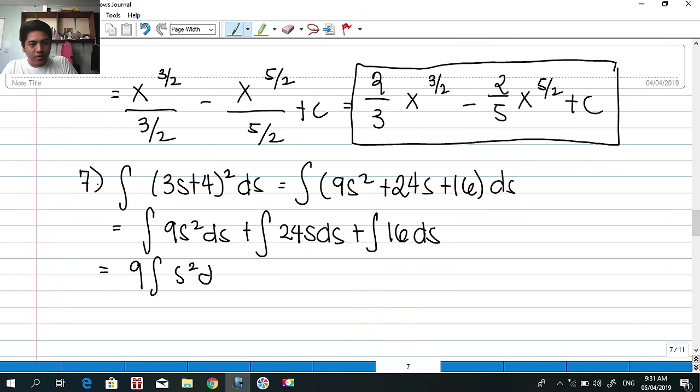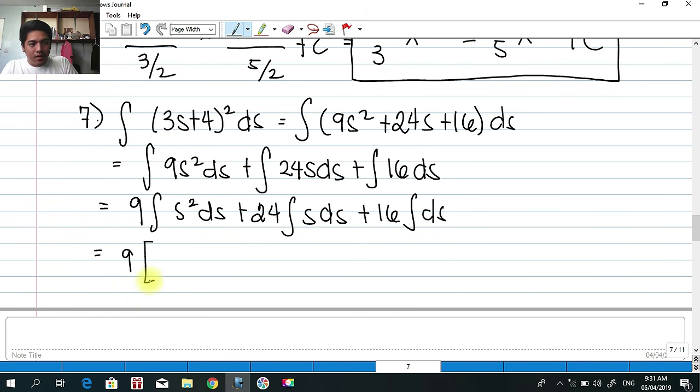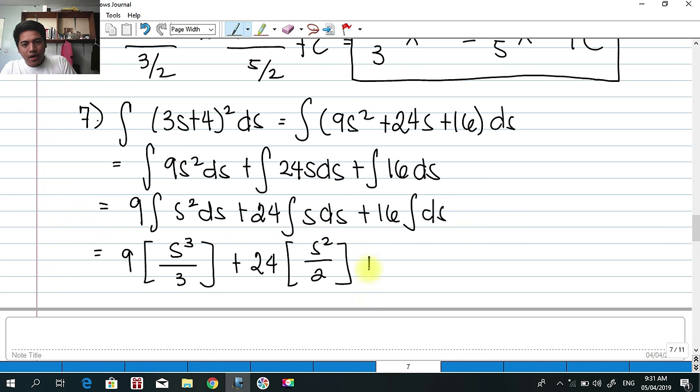We have 9 integral of s squared ds plus 24 integral of s ds plus the constant 16 integral of ds. And if we're going to get that, simply we have 9 times s squared plus 1 over 2 plus 1, that should be s cubed over 3, plus 24 times s squared over 2 plus 16 integral of ds should be simply s plus c.